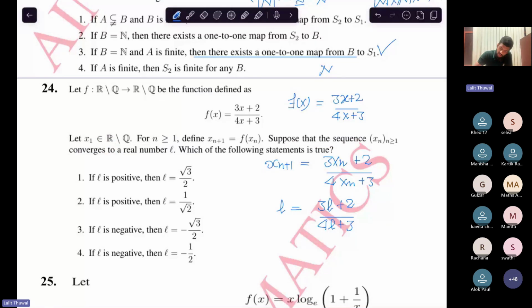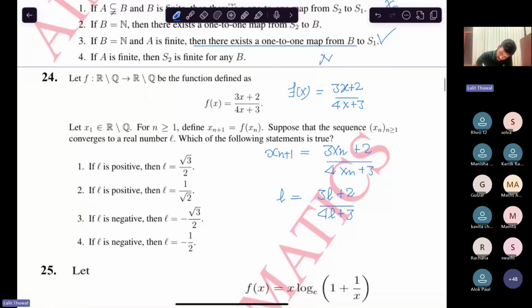So what is the solution to this equation? We have 4L squared equal to 2. From there, L comes out to be this, right?